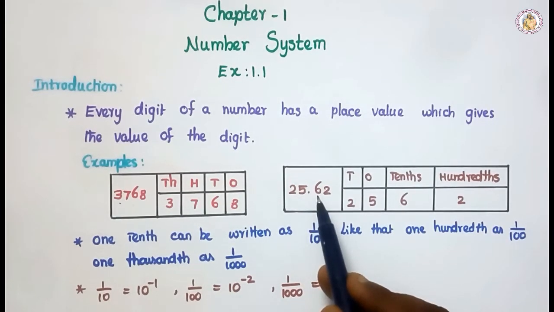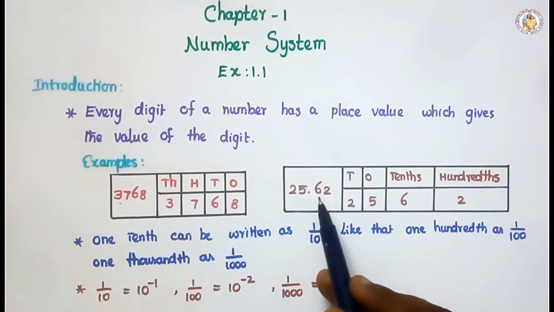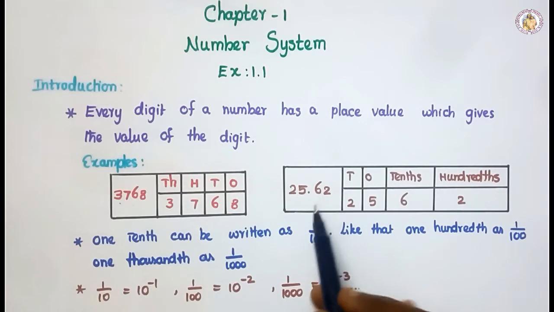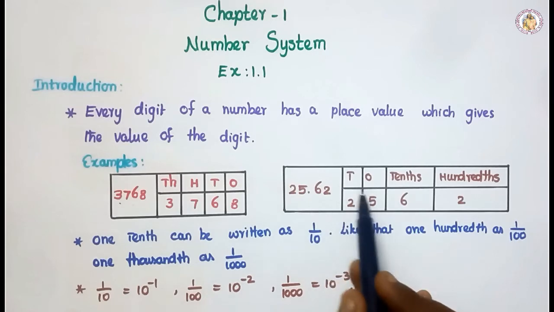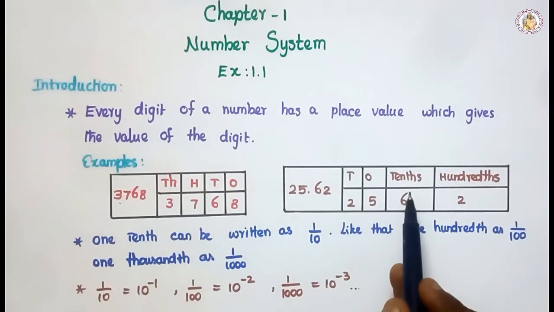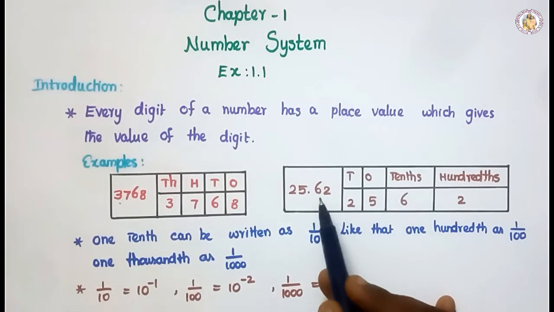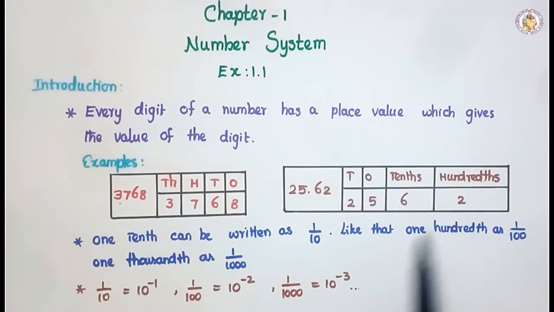After the decimal point we have tenths, hundredths, thousandths, which are the place values of decimal numbers. In 25.62, the tens place is 2, ones place 5, tenth place 6, hundredth place 2.